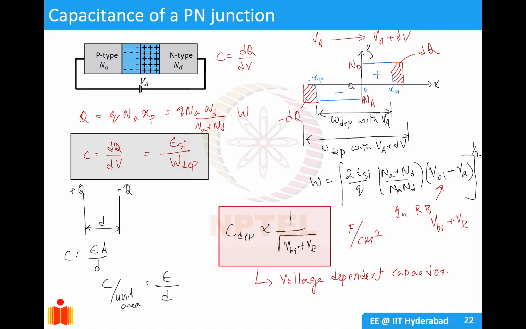For an abrupt junction, Q is given as q Na into xp, which is q Na Nd upon Na plus Nd into W, which is the value for xp.